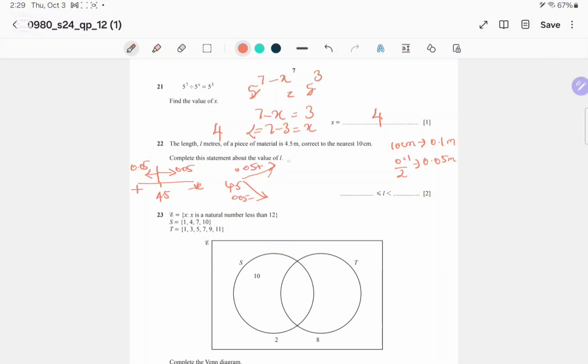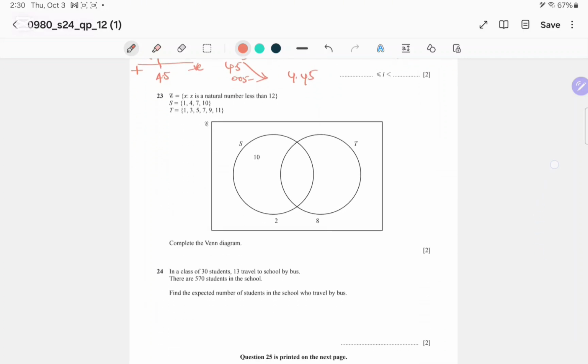So your answer will be 4.55 for the plus and the minus becomes 4.45. Okay, upper limit and lower limit. Now, so it is from 4.45 to 4.55.